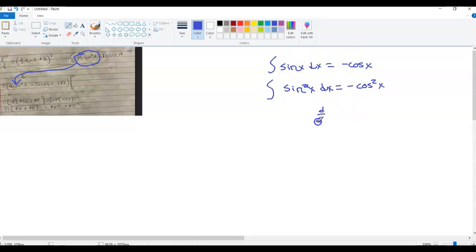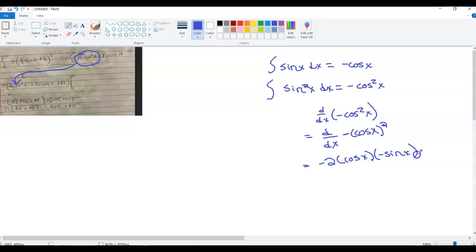If we were to take the derivative of negative cosine squared, that's actually the derivative of cosine squared x, which is cosine x times cosine x. That's actually what it is. And so the derivative using the chain rule would be negative 2 cosine x times the chain rule, negative sine x. And so this does not get you back to here.